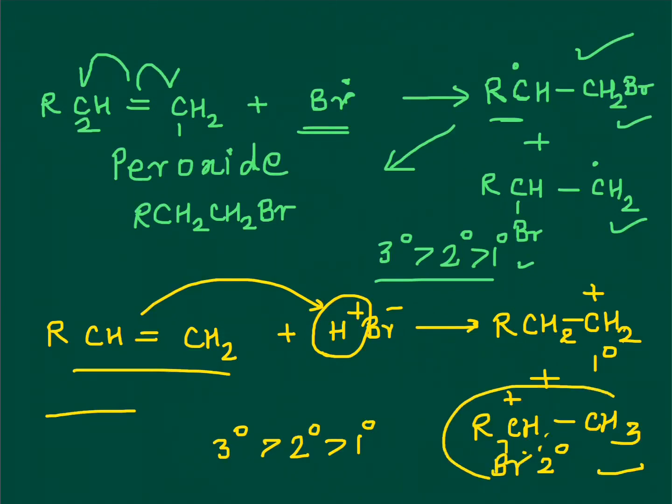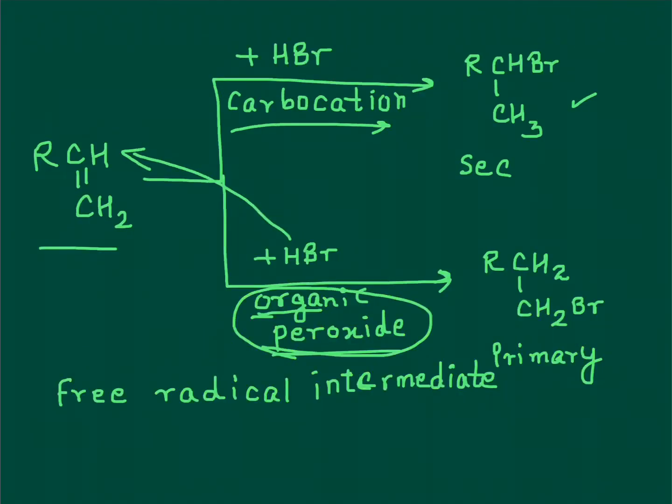So here this will be the major product, whereas in the presence of a peroxide it is the primary which is the major product. So again we can update the chart that we have drawn, RCH double bond CH2.